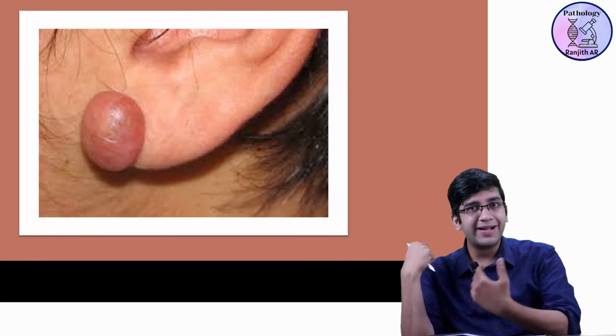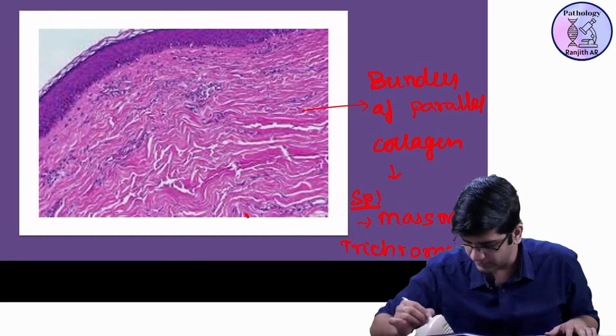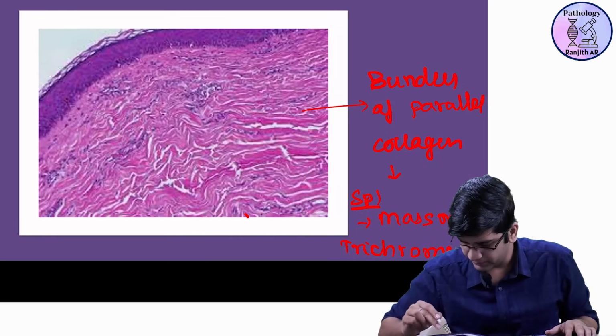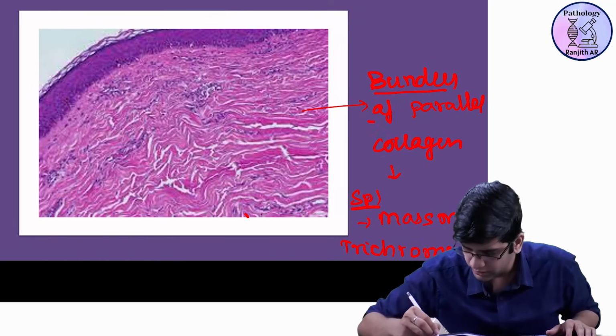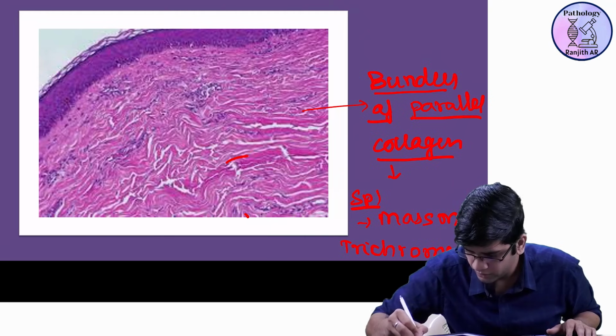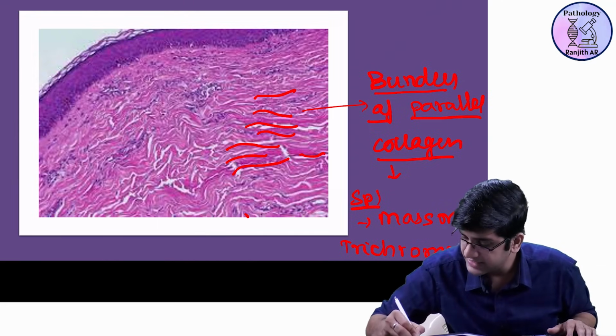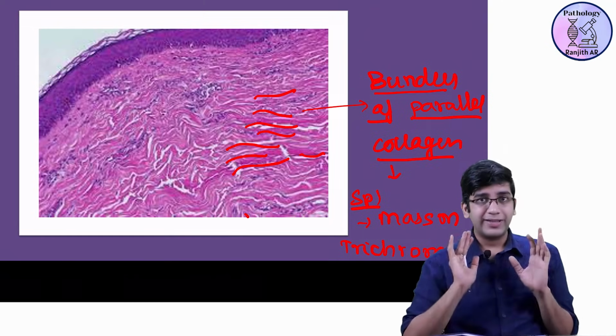So if I look at the microscopy of keloid, this is what I'll see. I'll have bundles of parallelly arranged collagen. This may not be required, this is not how I diagnose keloid.